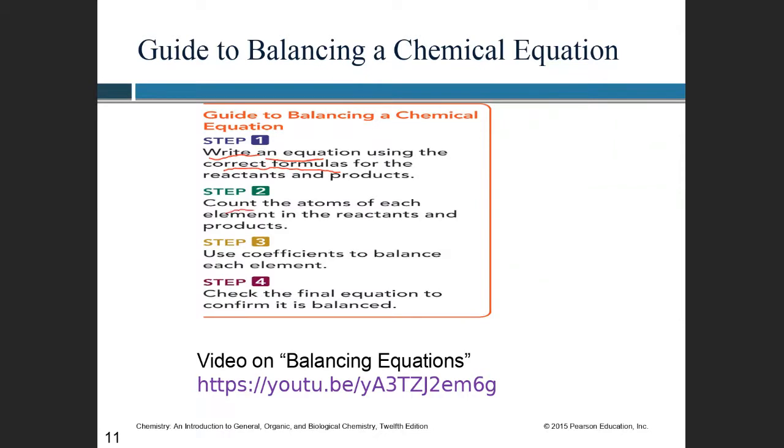The second step, we count the number of atoms of each element in the reactants and the product side. The third step, I'm going to use coefficients to balance. The fourth, I'm going to check my answer to confirm.